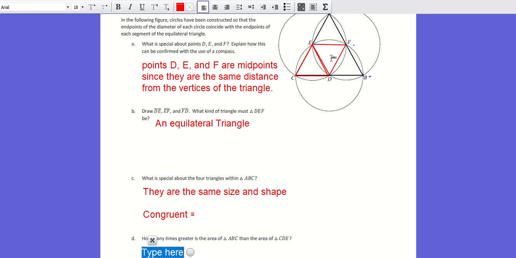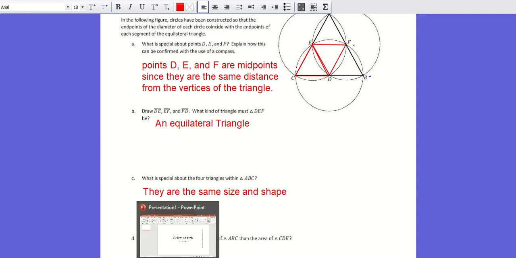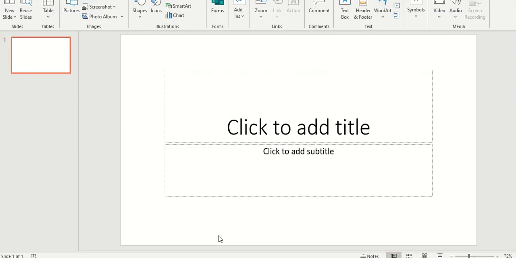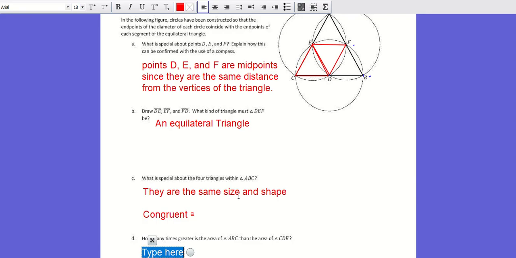Anyone see it? How big is this area compared to the whole big triangle? Laura, what do you think? Oh, Nevaeh, you got it right. So this smaller triangle is 1/4 the size of the bigger one.